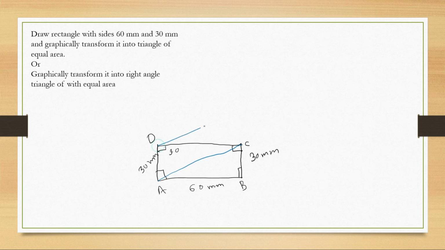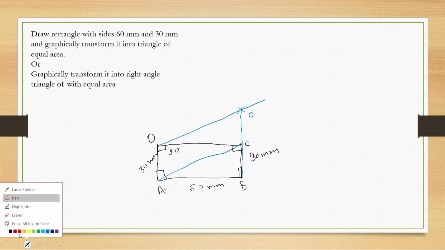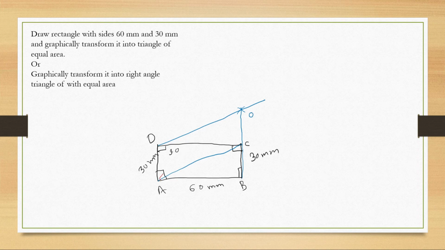Make a parallel line somewhere in the space in the top direction from D, and then you have to extend the BC line till here. This point will be point O, and then from this point you have to connect towards A. Let me show it to you.